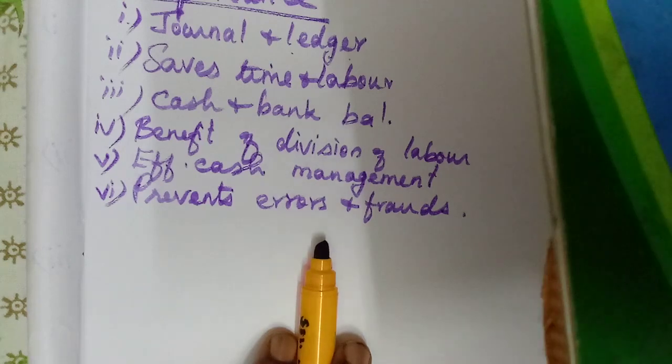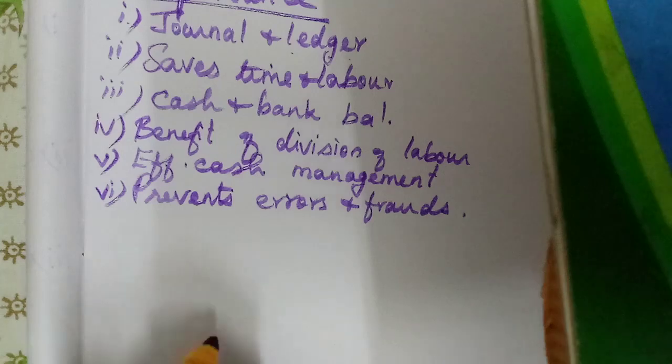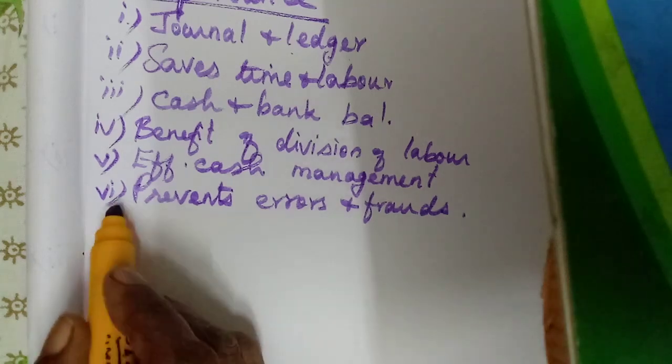If there is any difference between these two, he can point it out, locate where he has committed an error, and rectify it. So it prevents errors and frauds.